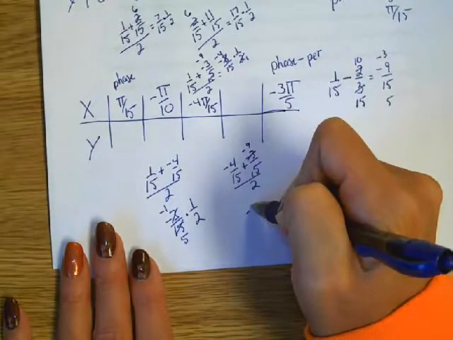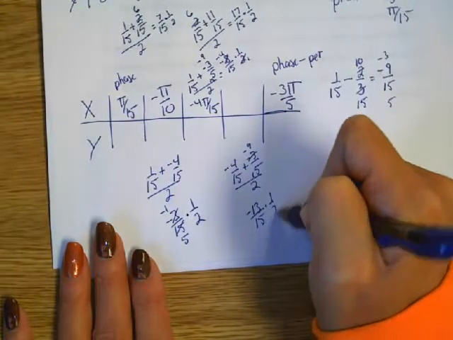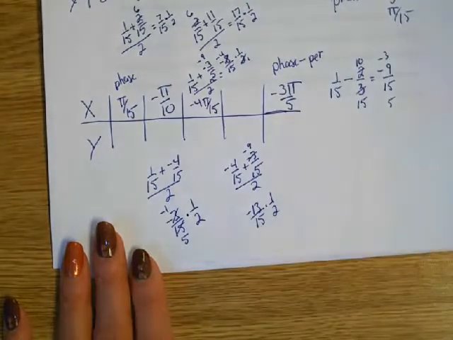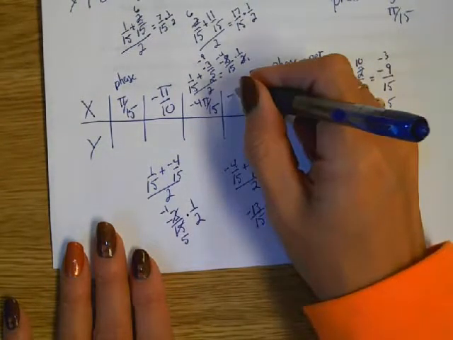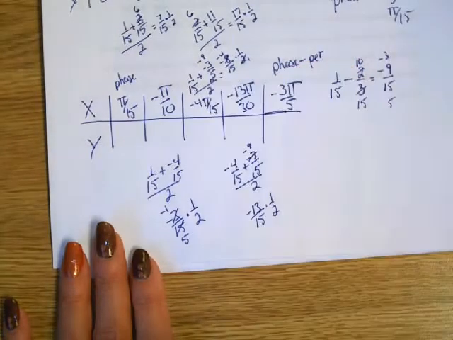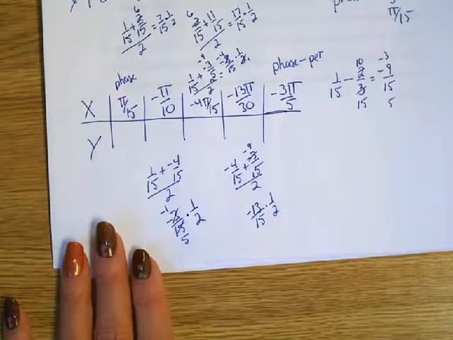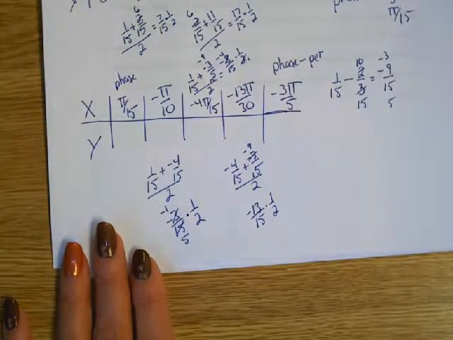It's going to give us a negative 13/15. Timesing by a half. Nothing reduces. Negative 13 pi over 30. Those couldn't get any uglier. That's about as ugly as they're going to get. All the common denominators, and so if you can get through that, I cannot make it any harder than that.